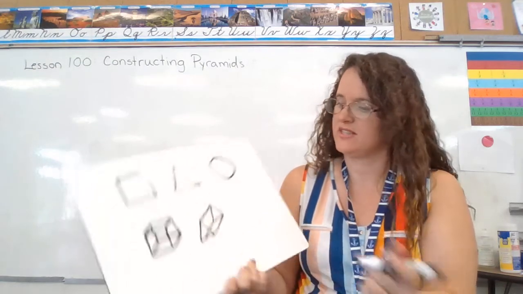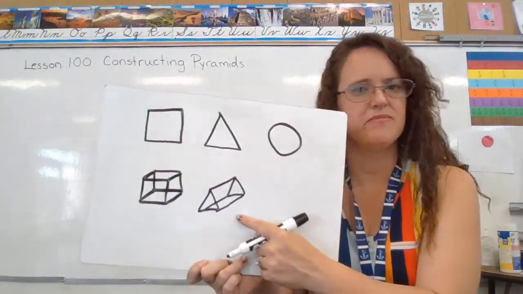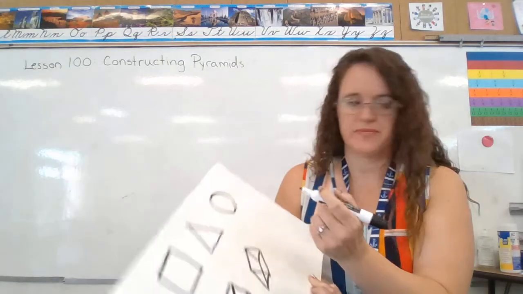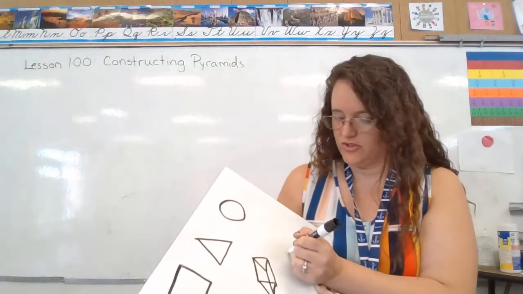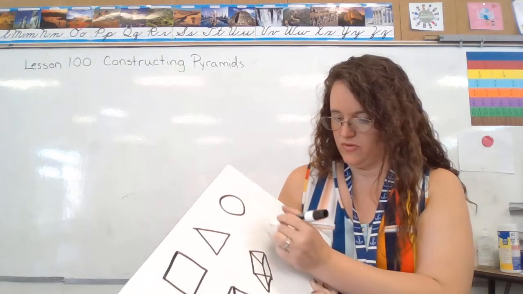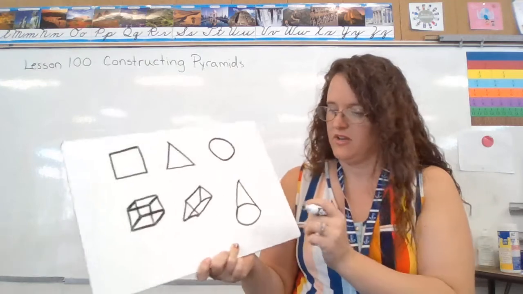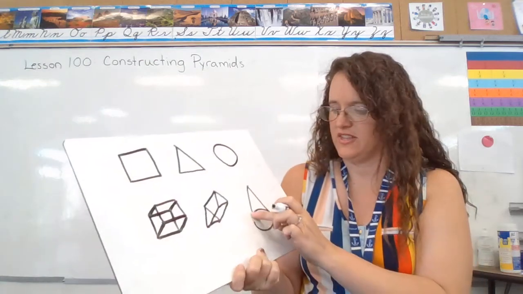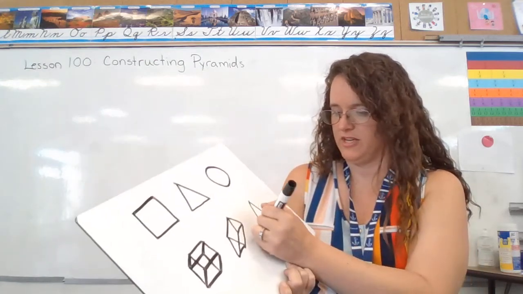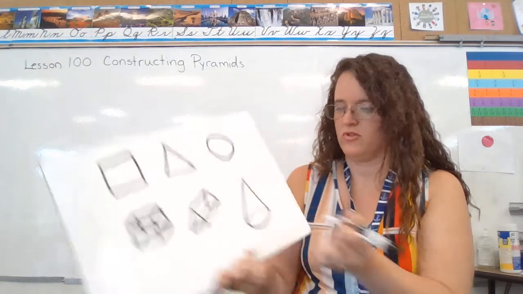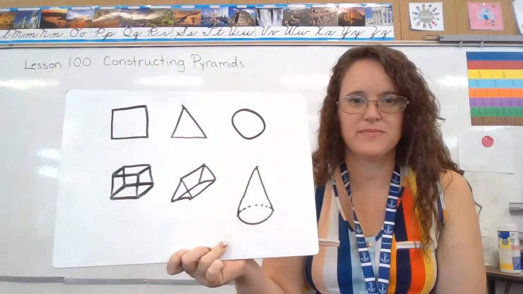This one for some reason is the hardest for me to draw, but not too bad I think. So the triangle we've turned into a triangular prism, and then a circle we could turn into a cone, we could turn it into a cylinder, we could turn it into a sphere, and actually that one looks even worse than my triangular prism there. Maybe it's better if I kind of flatten that circle a little, give it a dotted line.